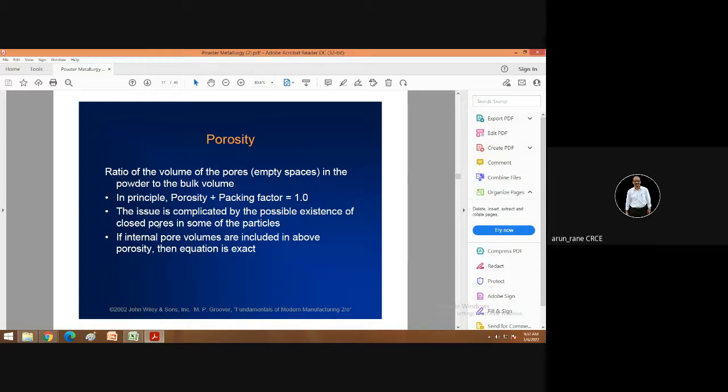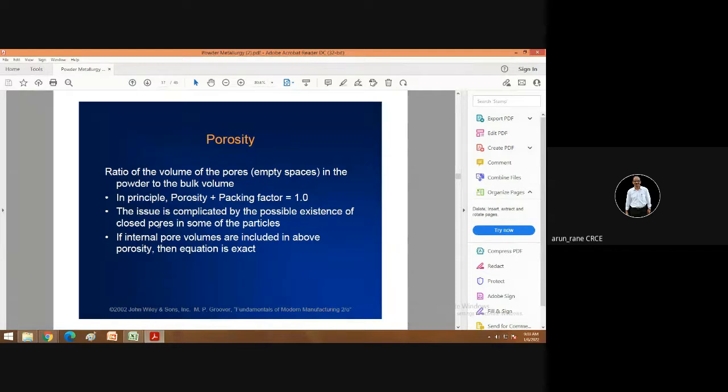Porosity, how is it defined? It is the ratio of the volume of the pores, meaning the empty space between two atoms or between two grains, and generally porosity plus packing factor is 1.